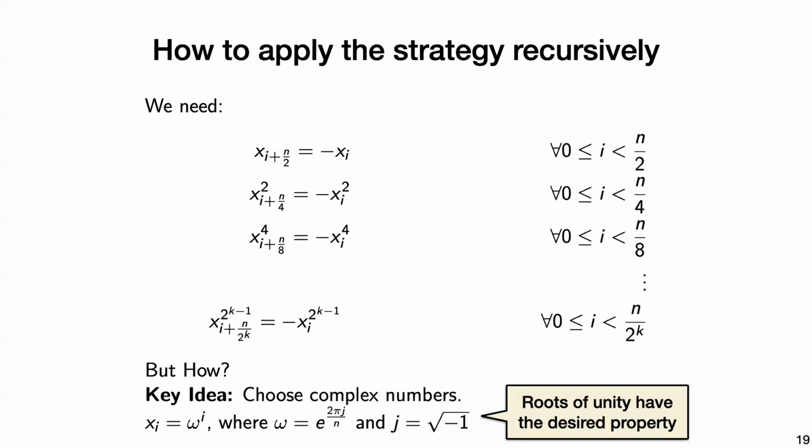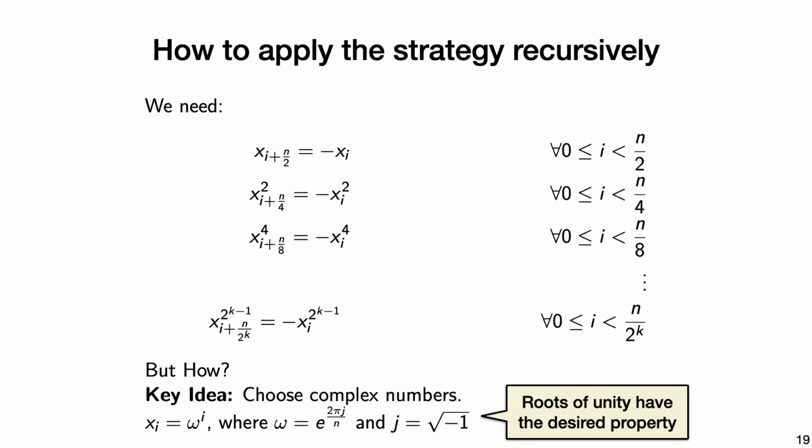So we would ideally like this property that we choose these x points, x to the I. So for x of I, the corresponding point in the second half at the first step of the recursion is negative x of I. And in the second half of the recursion, now x squared, this is the corresponding value in the second half of the second step of the recursion.